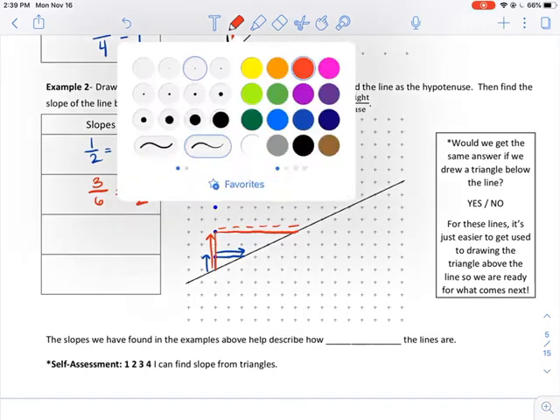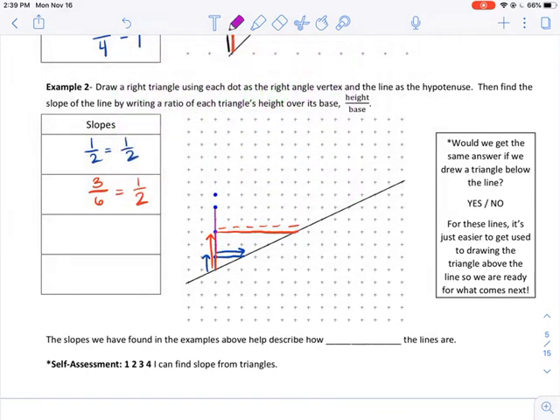Okay. Let's do purple. This goes up 1, 2, 3, 4, 5 on the top. And then it goes over, ooh, that's a lot. 1, 2, 3, 4, 5, 6, 7, 8, 9, 10. Now remember, I'm counting the spaces, not the actual dots that it's crossing through, these little crosshairs you see.